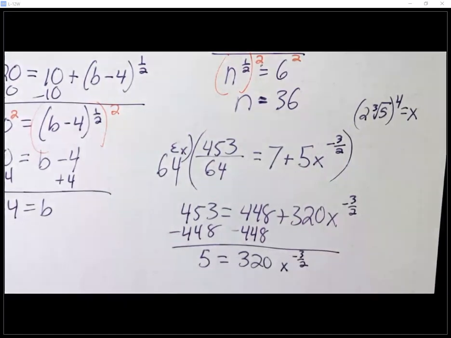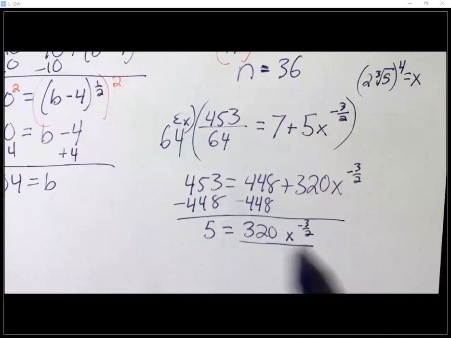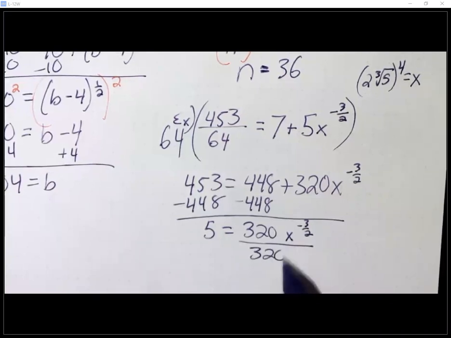All right, now, here's a very common mistake: right here, kids will stop and raise both sides to the reciprocal power. No, no, no, my friend, step 1 is not done yet. The 320 is not being raised to the negative 3/2 power, only the x is. So we've got to get rid of that 320. So we're going to divide both sides by 320. Oh, I got the wrong answer.